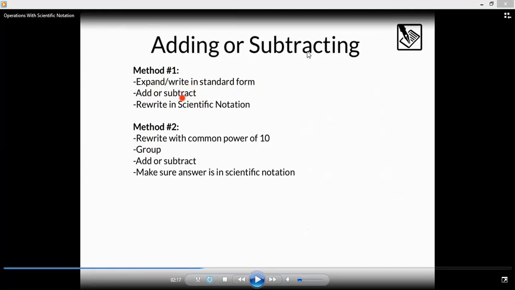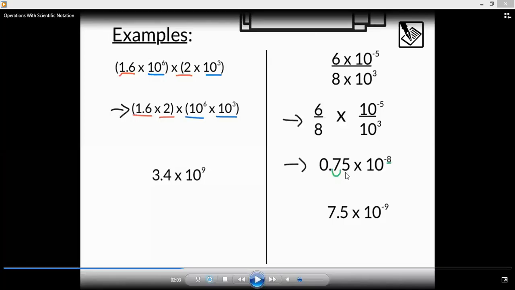So to simplify this, we will move the decimal point to the right one digit. If you move it to the right, then you will subtract 1 from the exponent: 10 to the power of negative 8 becomes 10 to the power of negative 9.